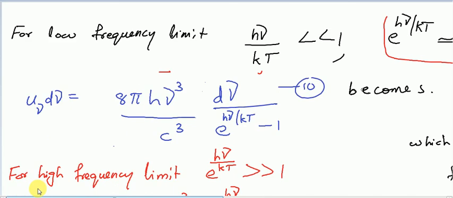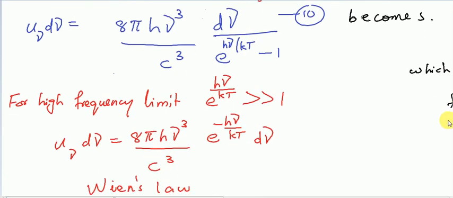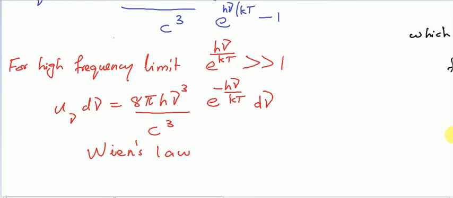Now let us see the higher frequency side. For the higher frequency limit, we can write the exponential e to the power h nu by kT as very much greater than 1.